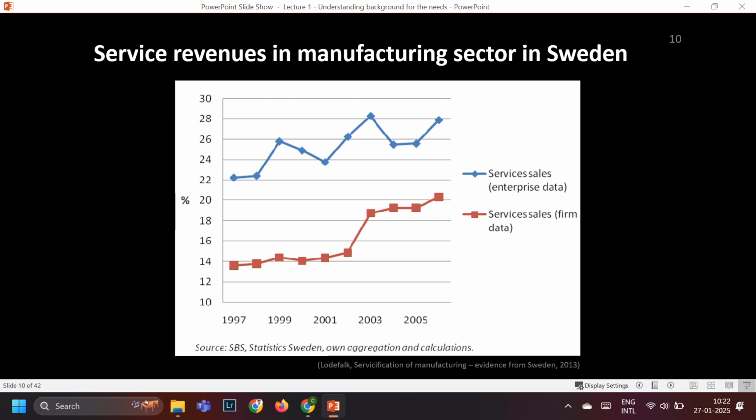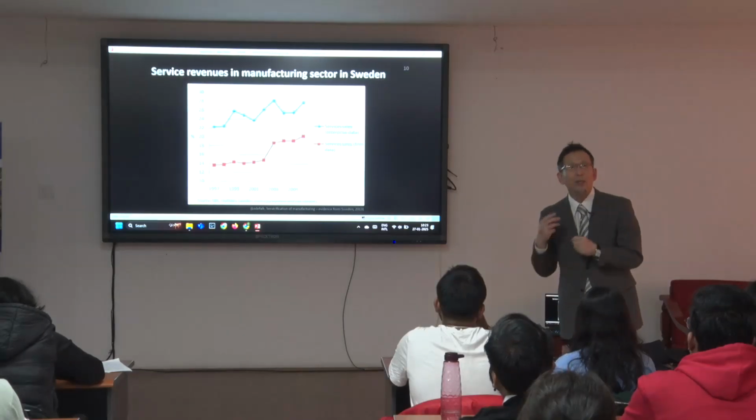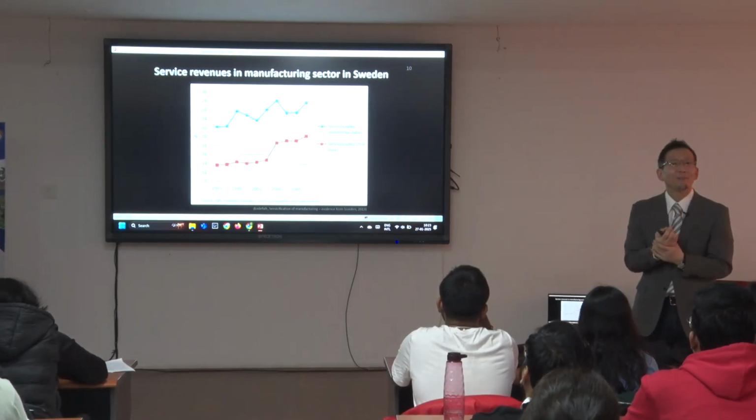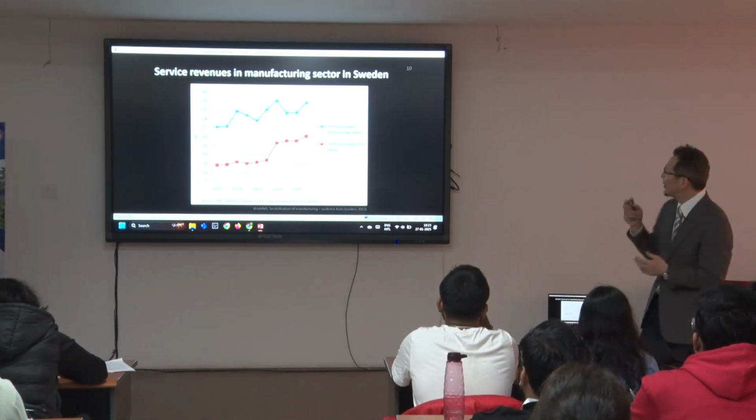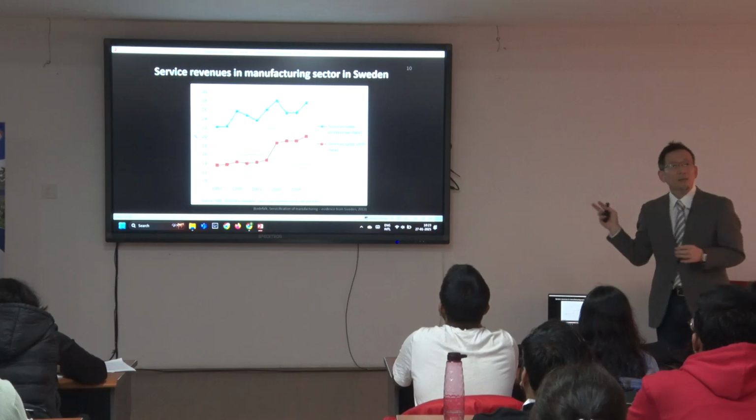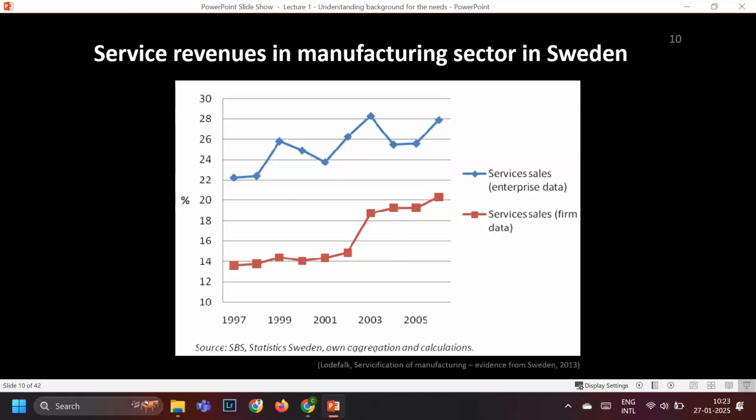So when it comes to whether they make money out of providing services or not, and how much money they earn from service provision, is shown in this graph. This kind of data is rarely available. So I took this from Lodefak research result. He looked into the portion of the revenues of the manufacturing sector in Sweden. And you see the trends over the years.